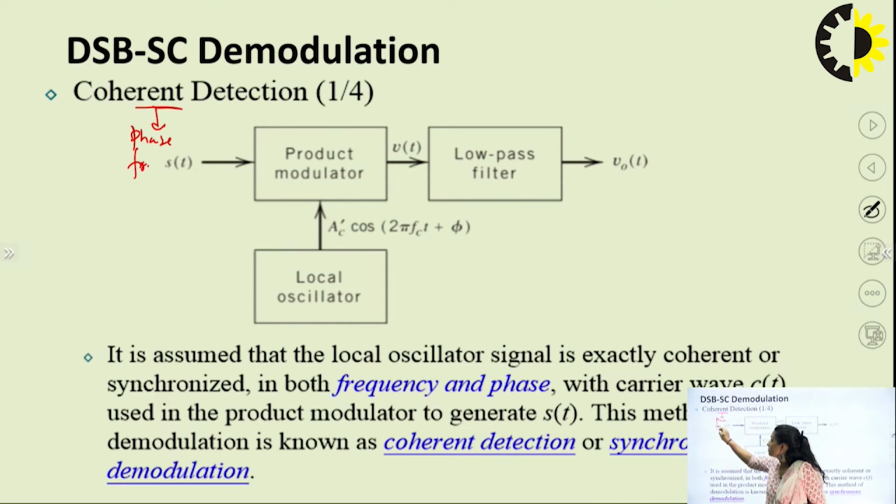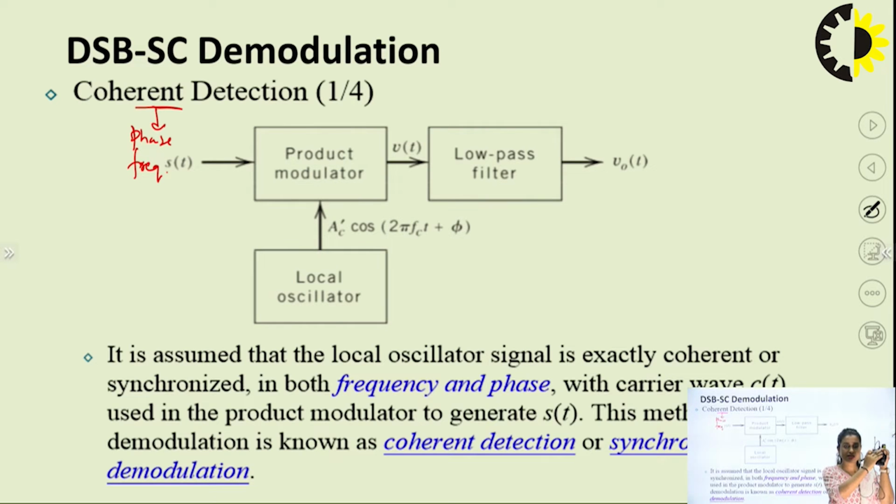Which wave? Carrier wave. Let's see, this is my receiver part. At my receiver, what happens? The first block that I use is a product modulator again. To the product modulator, the input will be the modulated wave. Here is my transmitter, here is my receiver. I am transmitting a wave, I am performing modulation here. My waves are traveling, it reaches the receiver.